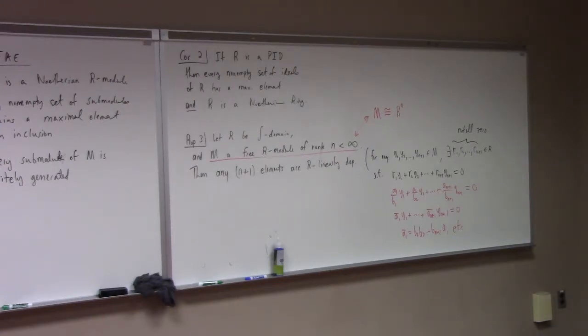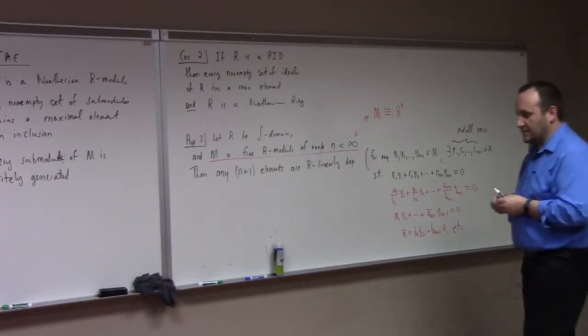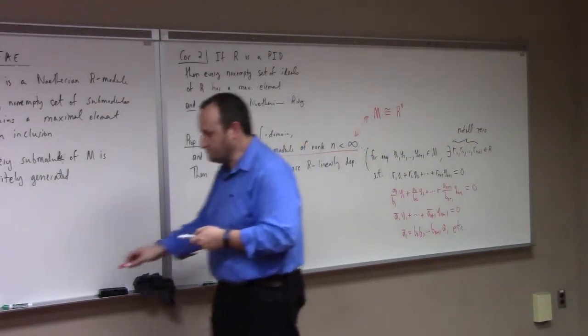It kind of reminds me of that proof of the Chinese remainder theorem we did once upon a time. But anyway, this is a result we have. If we have a free R module of rank n, then we can't have n plus 1 linearly independent elements. If we have n plus 1 elements, it has to be linearly dependent. All right.